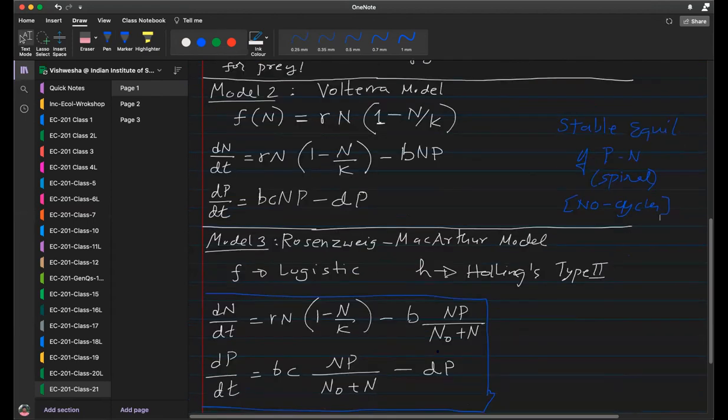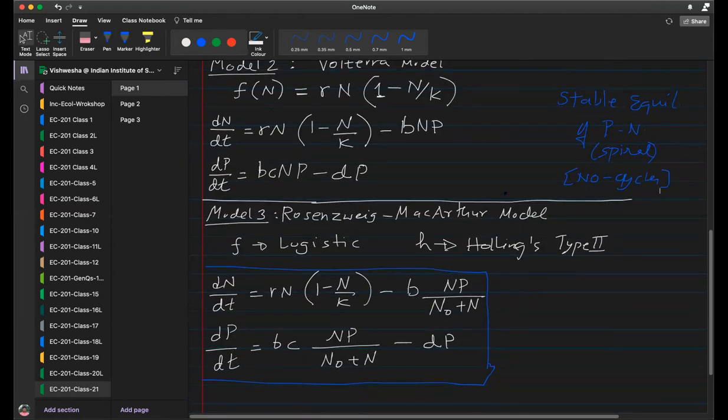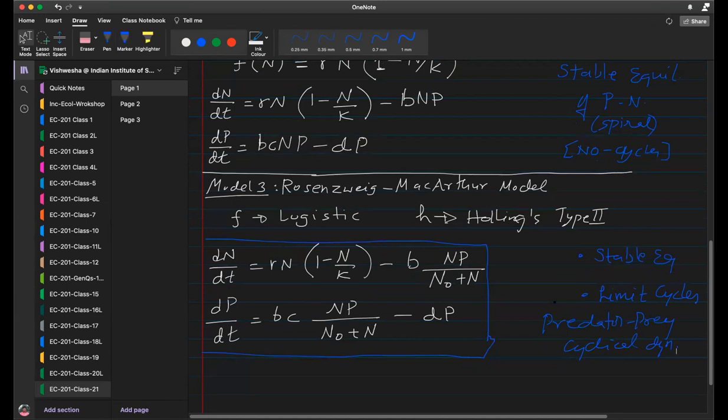However, interestingly, the moment you introduce this functional response, you of course still have a stable equilibrium for some parameter values, but you also have limit cycles, which basically means predator prey cyclical dynamics. So what this shows is that including functional response actually destabilizes predator prey systems, and now they become a cyclical system.